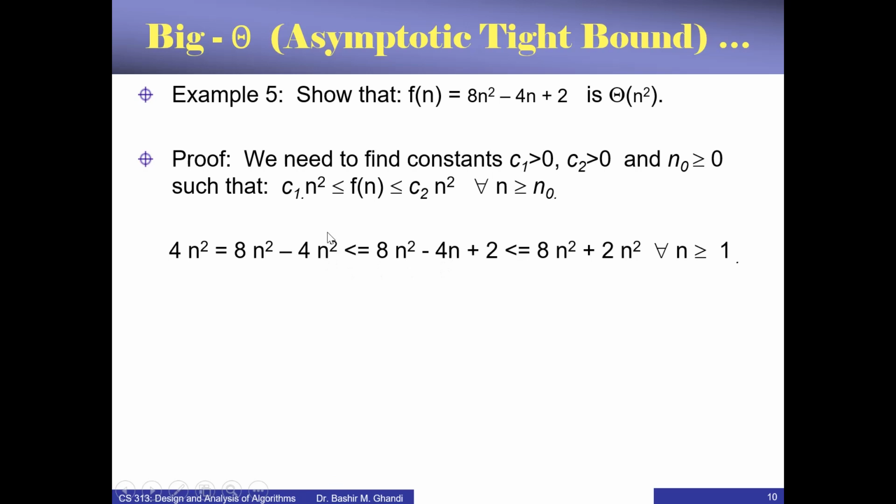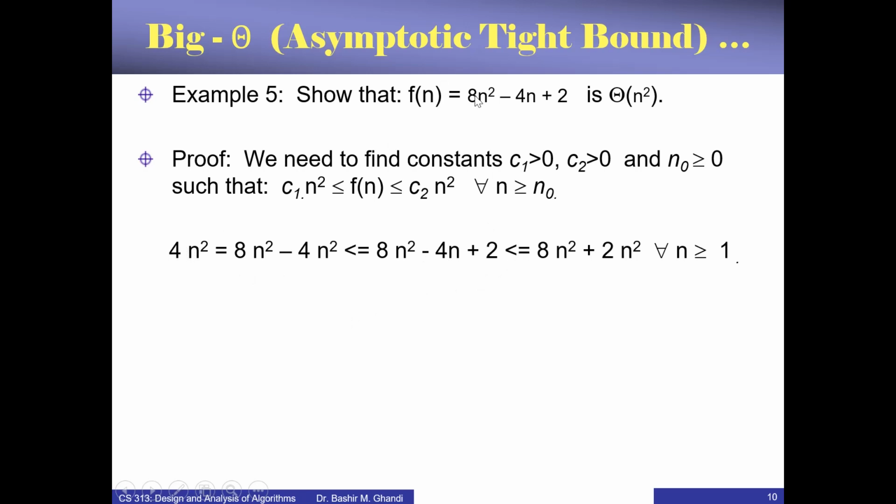Because you see here, 4n squared is bigger than 4n. Therefore, if you subtract 4n squared, you're going to get a smaller value than if you subtract only 4n. And therefore this function is going to be bigger. All right, so that's how to get the C1.